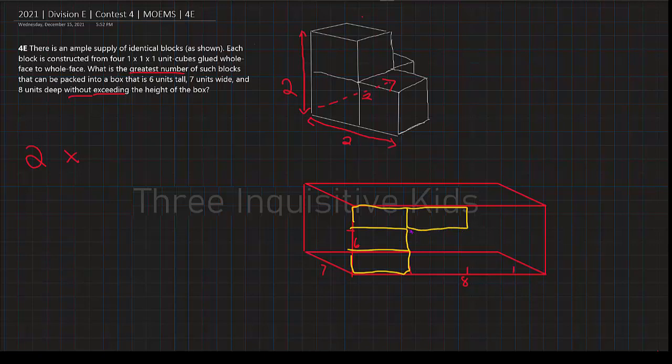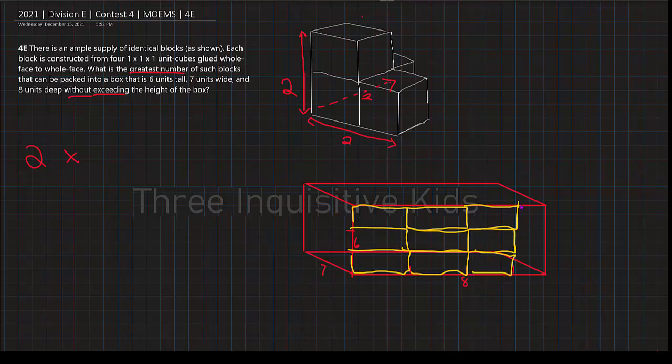We still need to find the width. The width of the cube up here is 2, and the width of this large rectangular prism is 7.